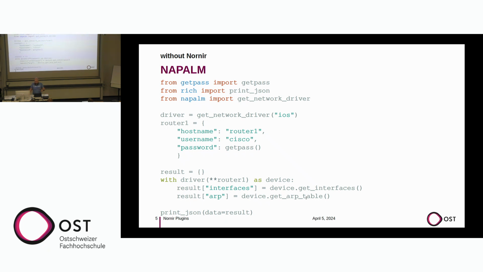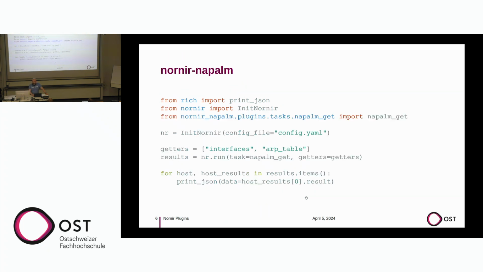And Nornir now would really help us to make this more, how can I say, flexible. We have the inventory, we can define the properties we need for the connection in the inventory, and then we can run these tasks. So yeah, this is now the same example with Nornir. We have the init part here to initialize the Nornir object.